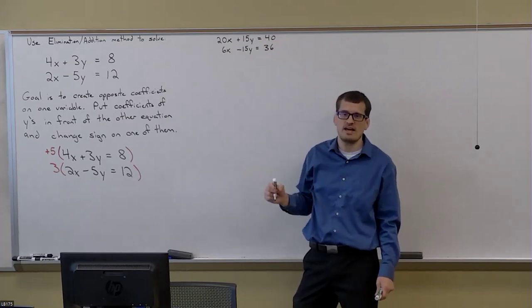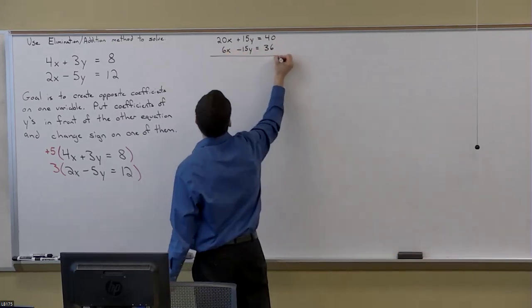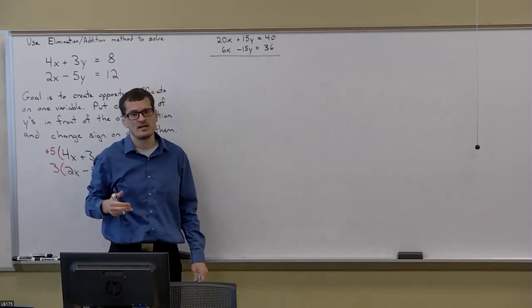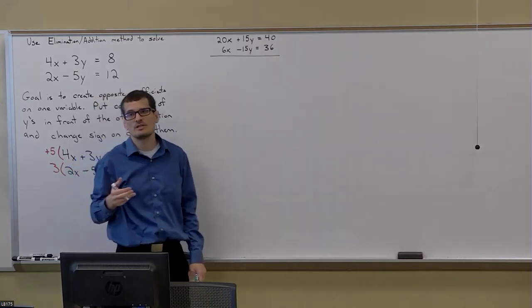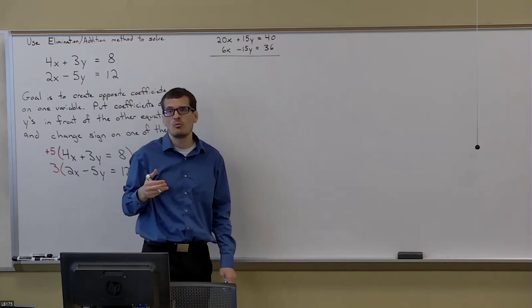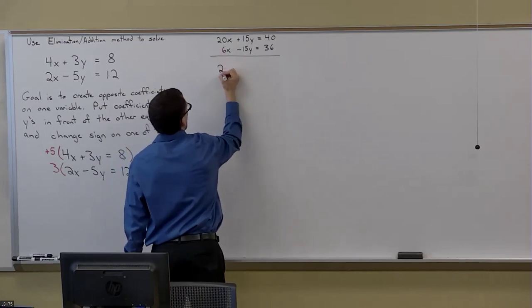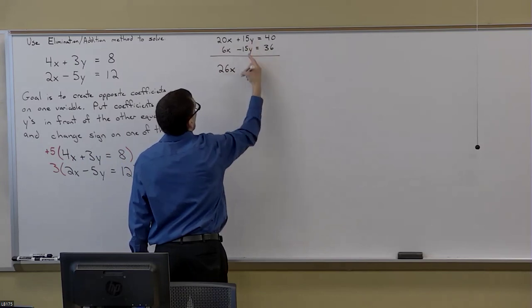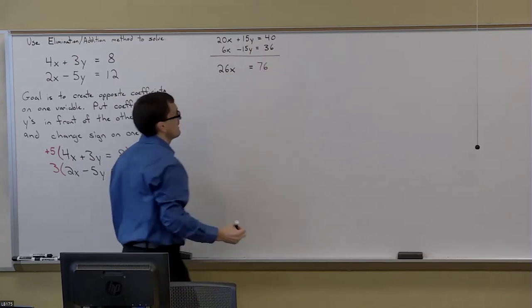Once I've created those opposite coefficients, I can add the two equations together vertically. And adding the two equations together will eliminate my variable y. So I'm going to get 26 times x, the y's cancel out, is equal to 76.